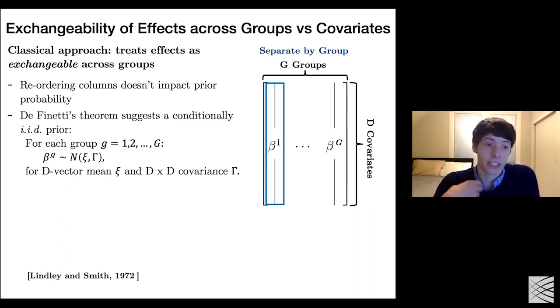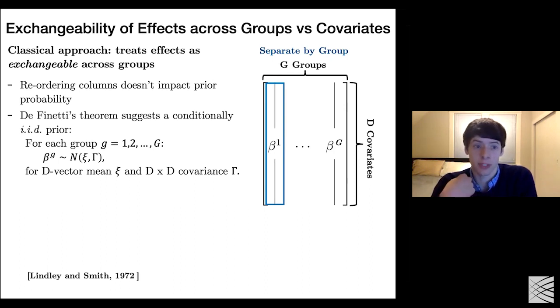So saying that each of these D-vectors beta_g is a priori distributed from some normal with mean c and covariance gamma, where c is going to be a D-vector, the mean for each of these covariates, and gamma is this D by D covariance matrix.